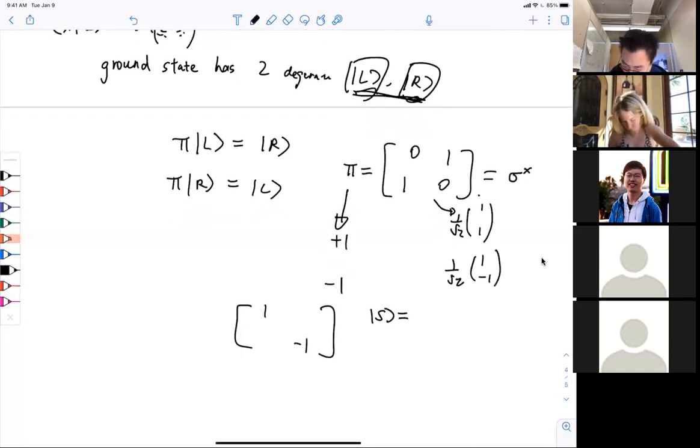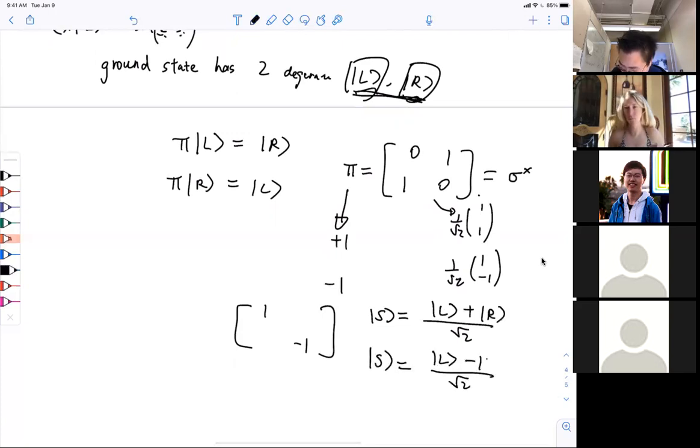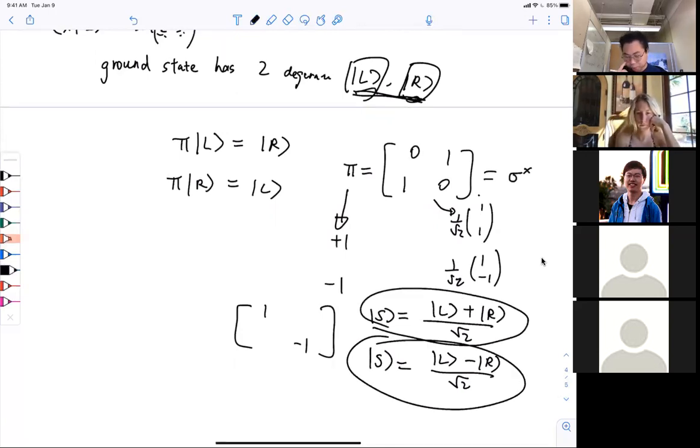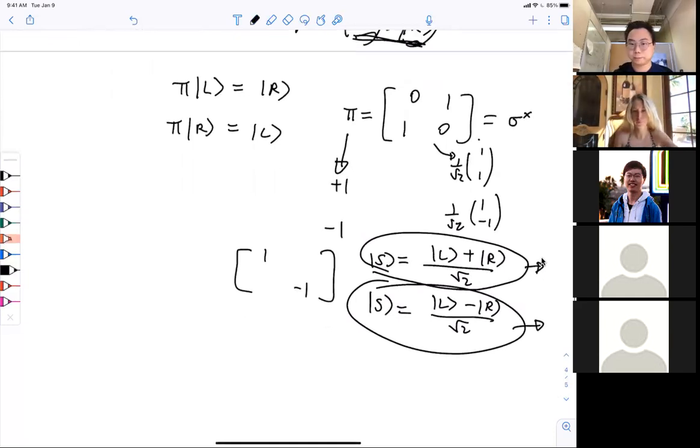So the new basis is written in this way: L plus R, L minus R. So you can see in this new basis they are parity states. This is even parity, this is odd parity.